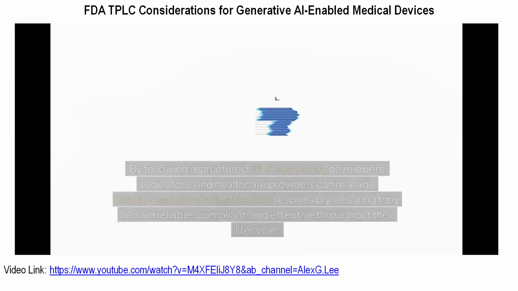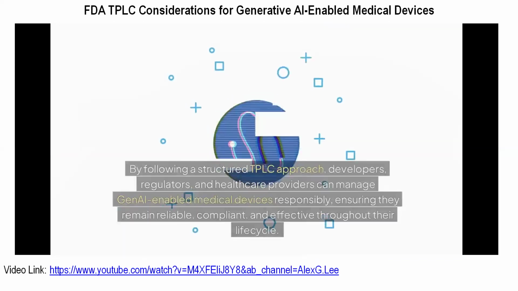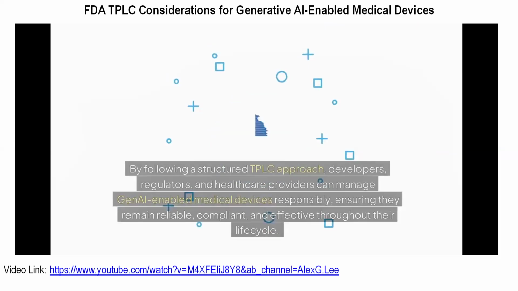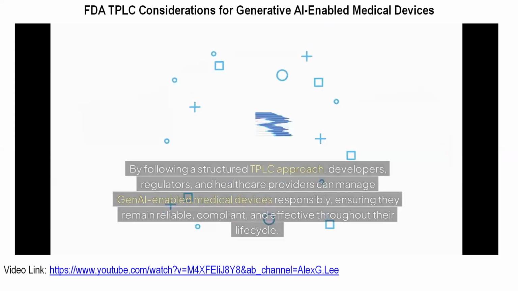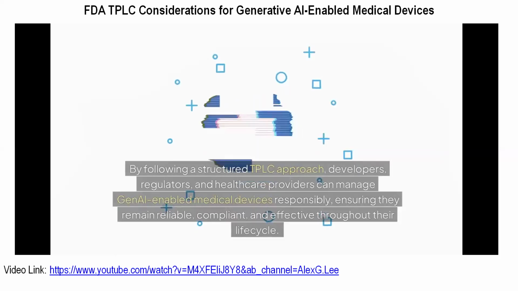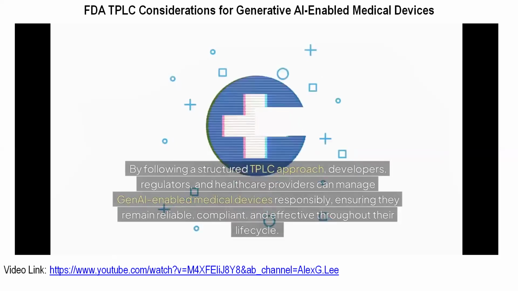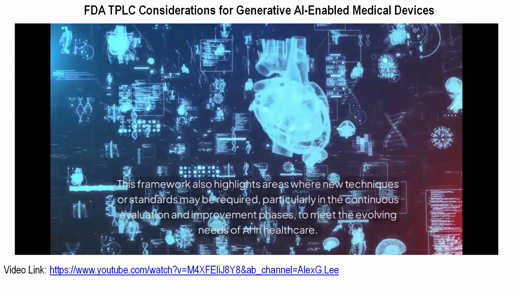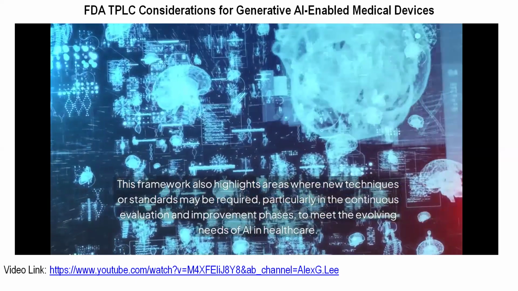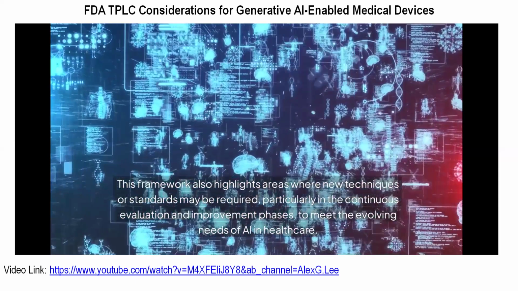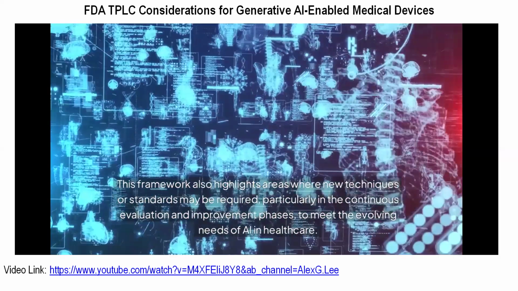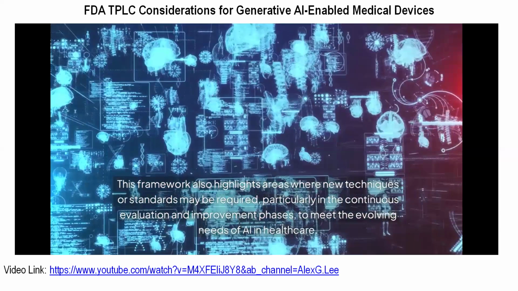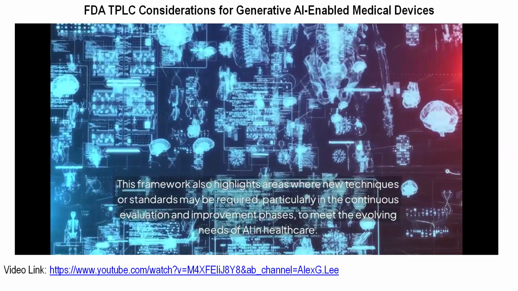By following a structured TPLC approach, developers, regulators, and healthcare providers can manage Gen AI-enabled medical devices responsibly, ensuring they remain reliable, compliant, and effective throughout their life cycle. This framework also highlights areas where new techniques or standards may be required, particularly in the continuous evaluation and improvement phases, to meet the evolving needs of AI in healthcare.